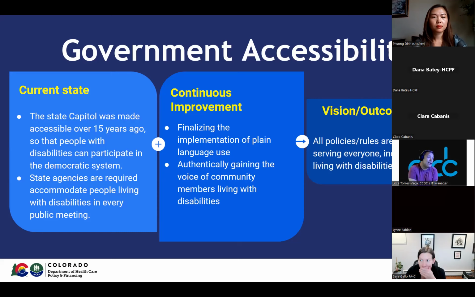State agencies are required to accommodate people living with disabilities in every public meeting. So, for example, this meeting is accessible, right? We know, for example, Zoom is extremely accessible for people with disabilities, and also the use of ASL, language interpretation, and also captioning.